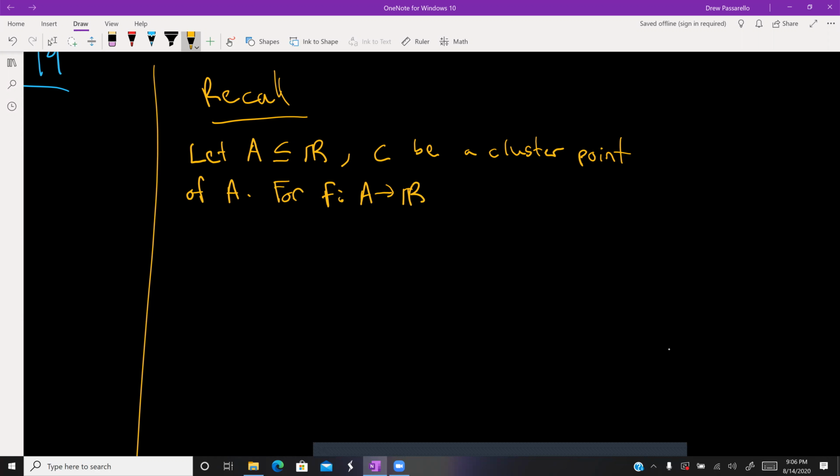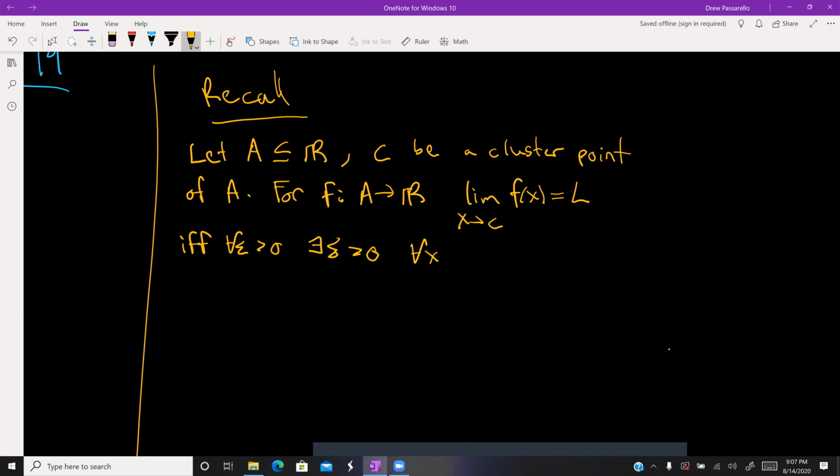We say the limit as x approaches c of f of x equals L if and only if for all epsilon greater than 0, there exists a delta.